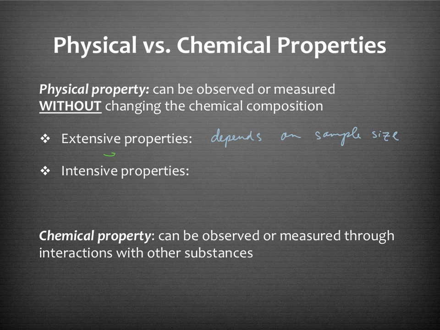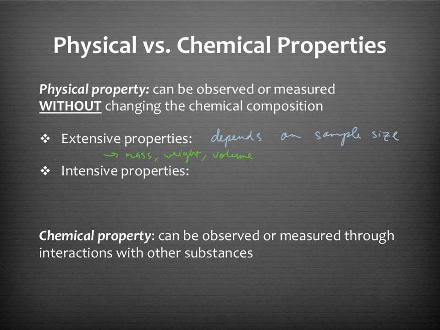Examples include mass, weight, volume. So imagine you're taking a fistful of soil as well as a tiny little finger bit of soil in the other hand. So different sample sizes, you're obviously going to have different masses, different weights, and different volumes of that same substance.